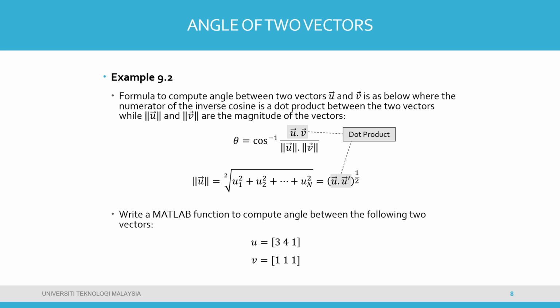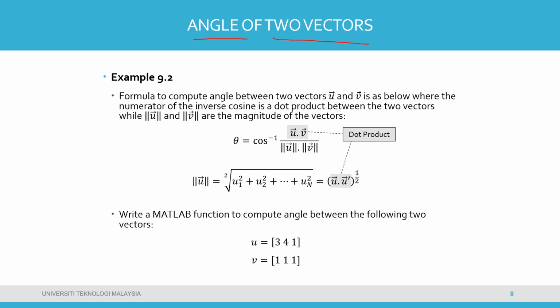I give you a second example here: angle. Based on your dot product, we get the angle and the magnitude of two vectors.